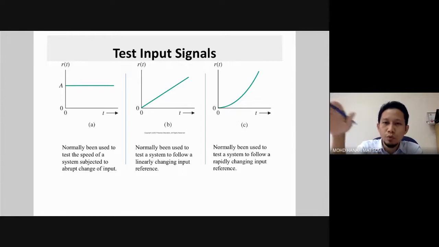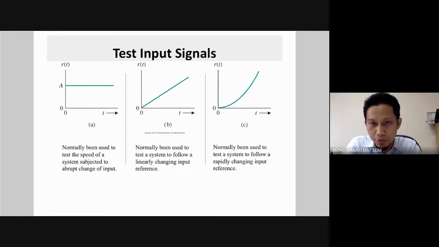We will get the forced response and the natural response. We want to see the natural response of the system, because the forced response is actually the final output due to the input test signal. In this case, it's a step.